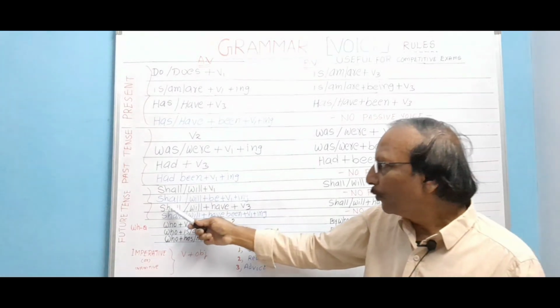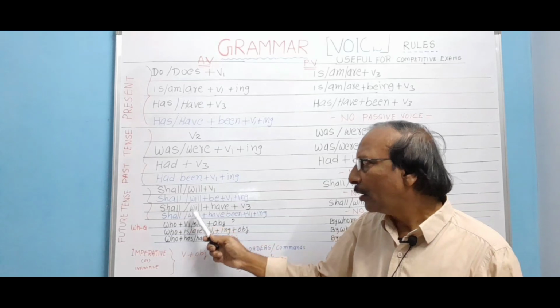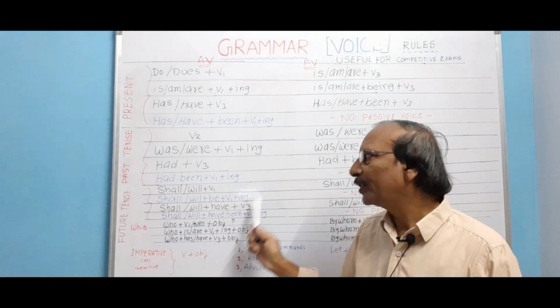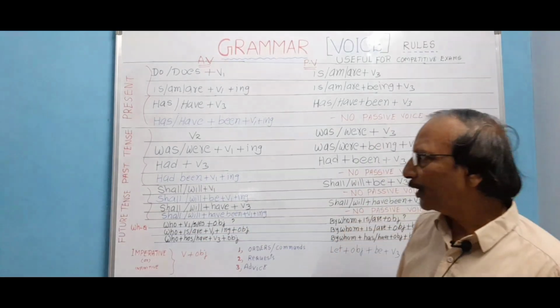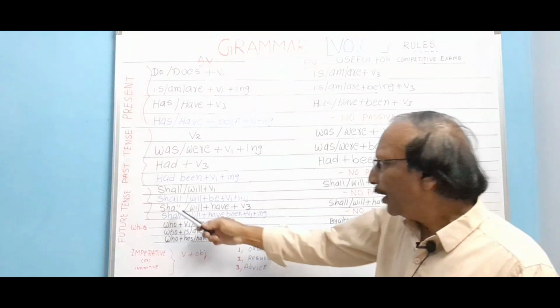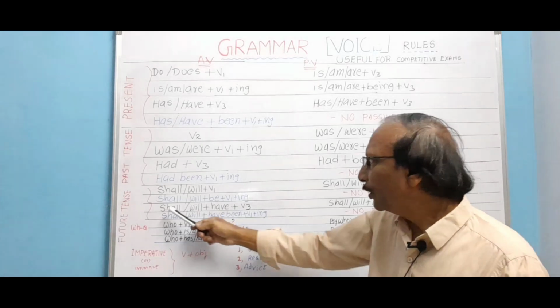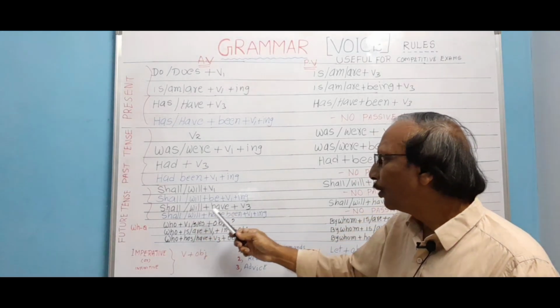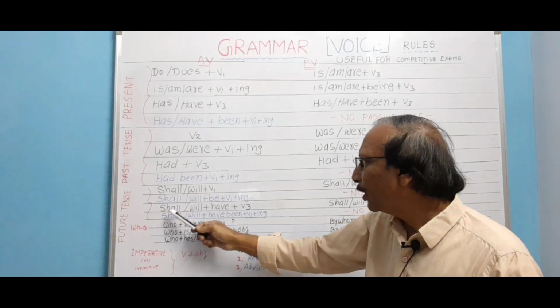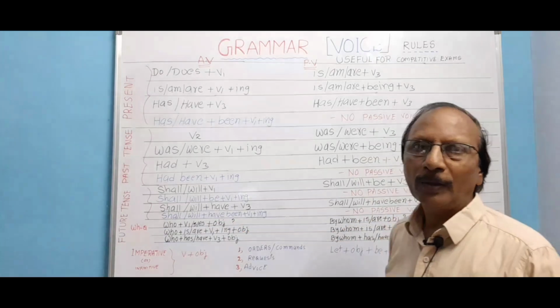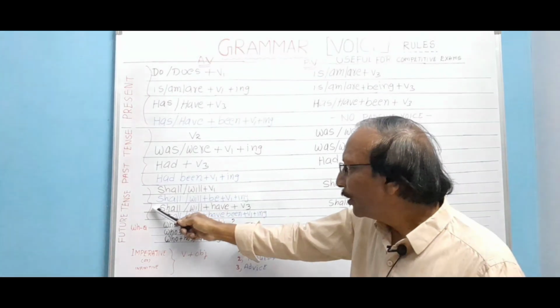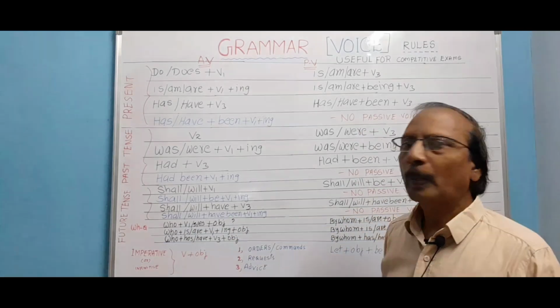Now, let us see future perfect. Shall or will plus have plus V3 will come in future perfect. I shall have, we shall have, they shall have, or I will have, they will have, we will have. You can write. Let us take he shall have.